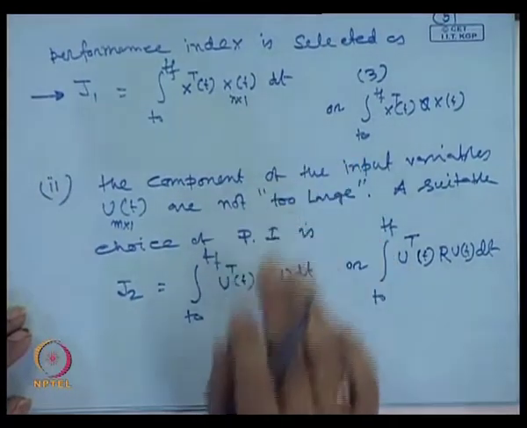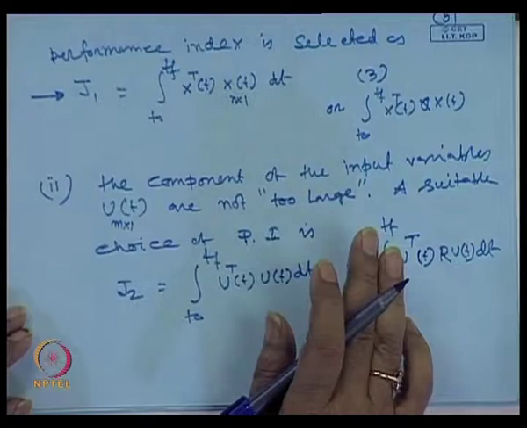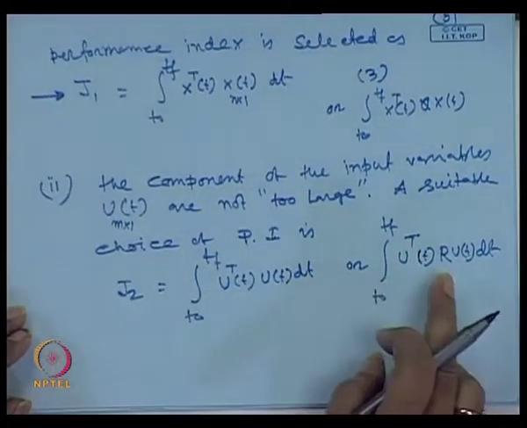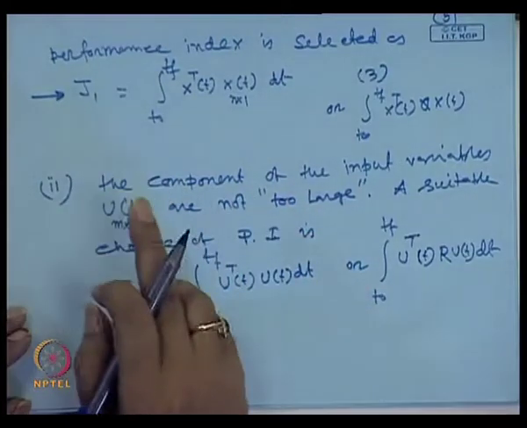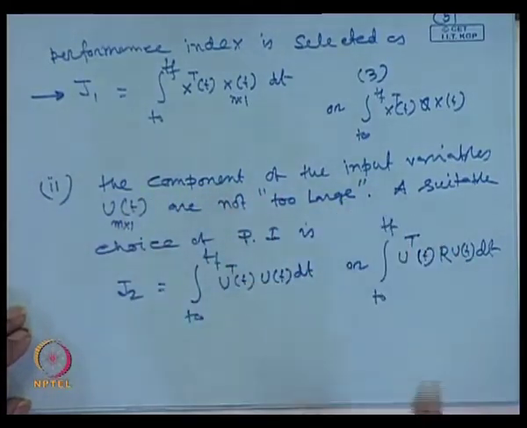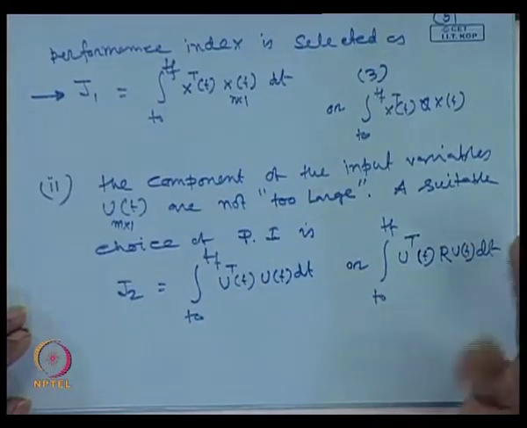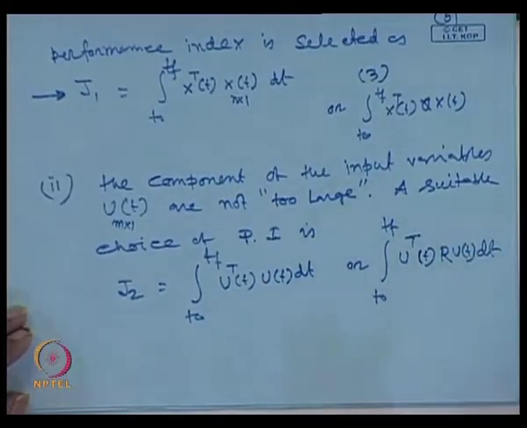So our problem is to find the control law u such that this performance index is minimized subject to the constraint x dot equals a x plus b u. But here we do not have any control on the state magnitude, which may be very large.